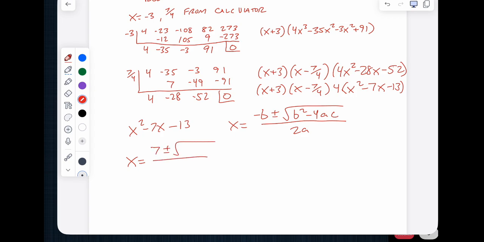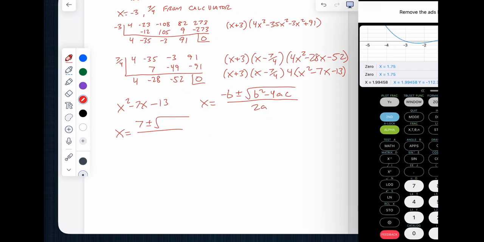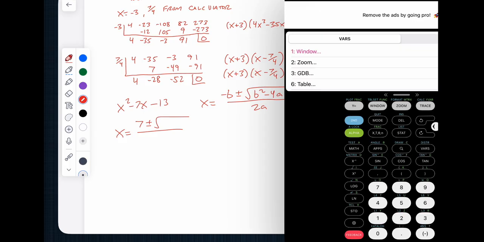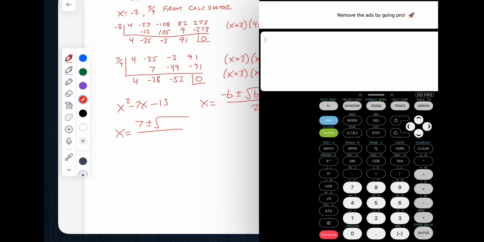I have a calculator, so in my calculator, I'm gonna do this. This looks demented, but whatever, okay. I can't see all the buttons. So I could do, in my calculator, negative 7, make sure you put in parentheses, squared, minus 4 times A times C.